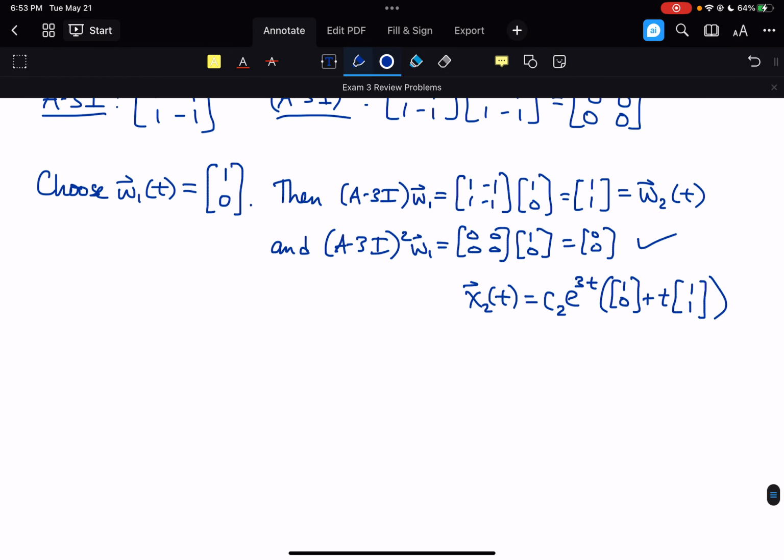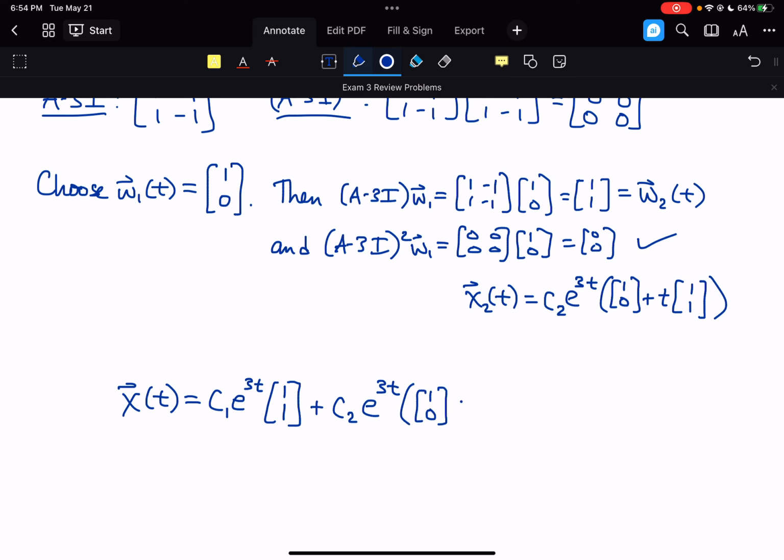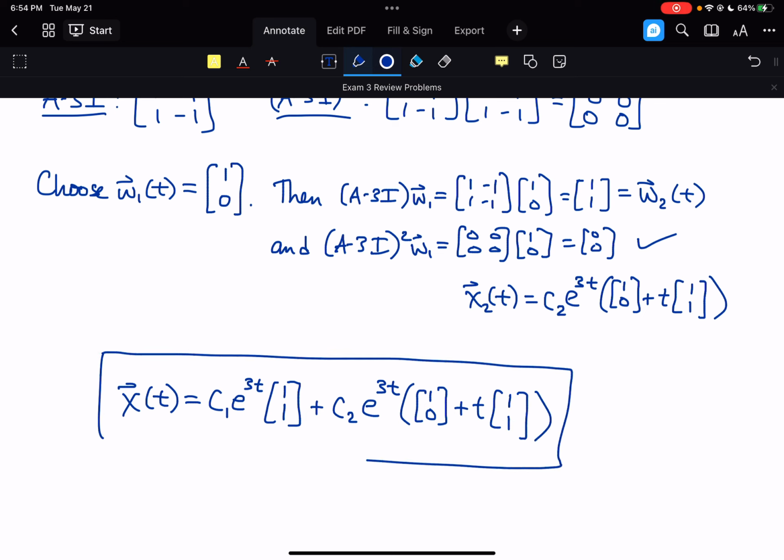So we get x of t is c1 e to the 3t times 1, 1, plus c2 e to the 3t times 1, 0, plus t times 1, 1. So that would be the general solution to this system of linear differential equations.